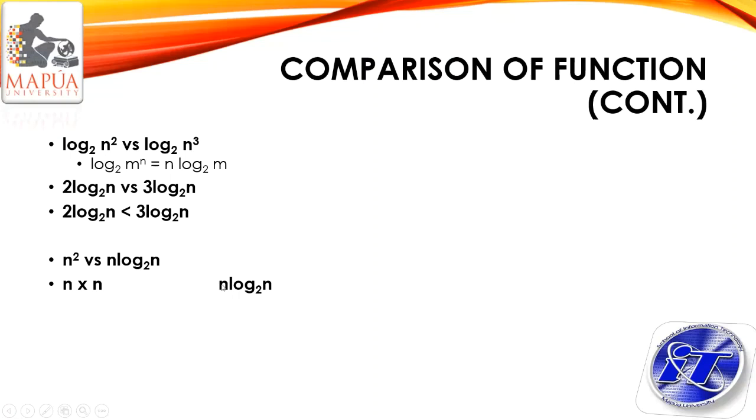So they have a common term, which is n. So why not divide both by n? So the result in the first will just be n, and for the second is log n. And we all know that log n is smaller than n based on math concept. Therefore, n log n is better than n squared. n is greater than log n.